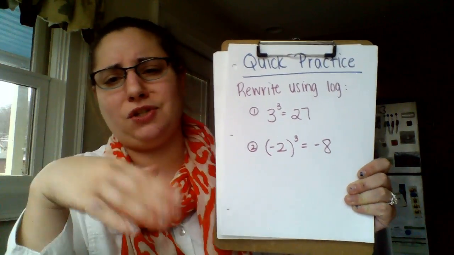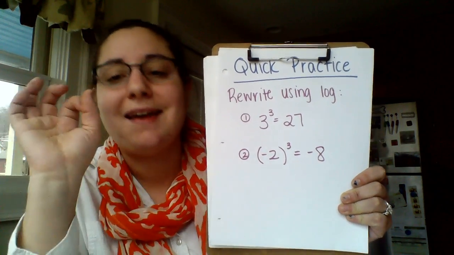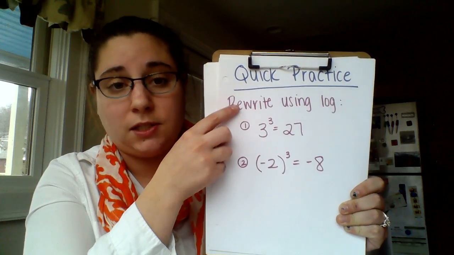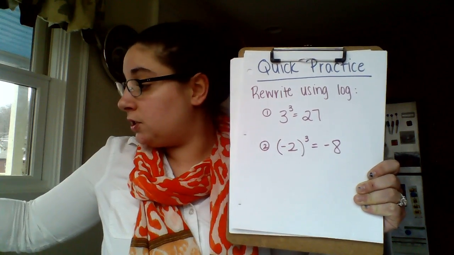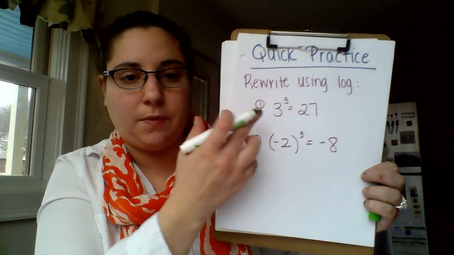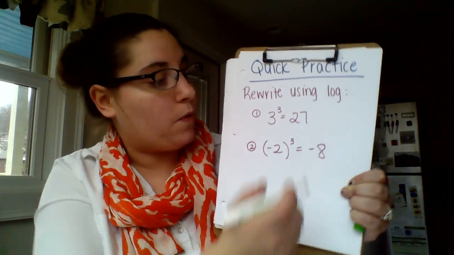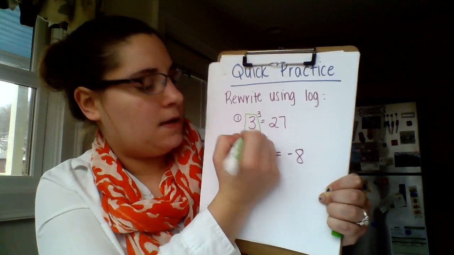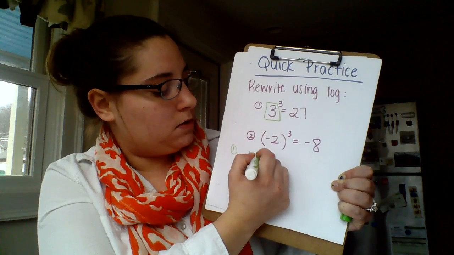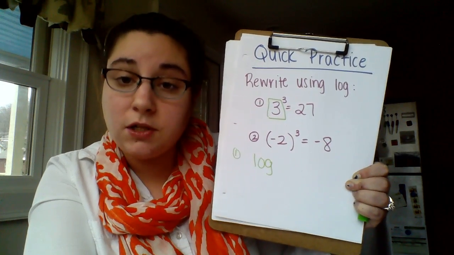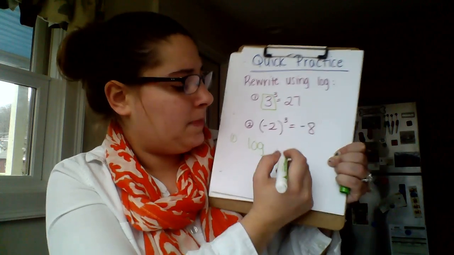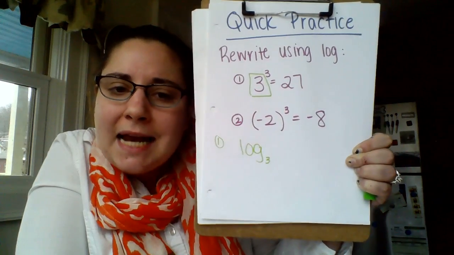You're going to be like, Caroline, this is so easy. Let's move on to equations, and that'll get really, really fun. So let's talk first about rewriting exponential equations as an expression using logs. If we look at this first expression here, we have 3 to the third power equals 27. 3 is your base. So when we rewrite this using logs, 3 is still going to be my base, but remember when we have logs, the 3 is really tiny and next to the log.